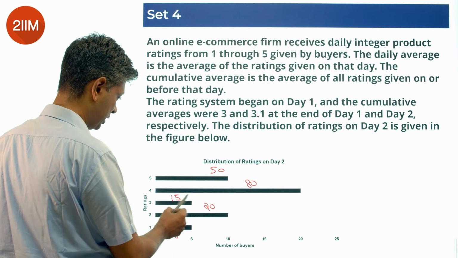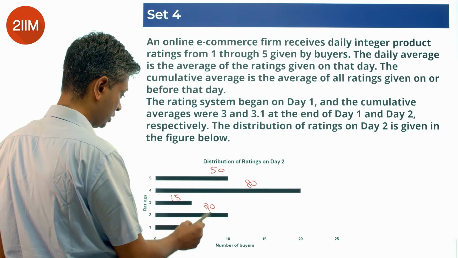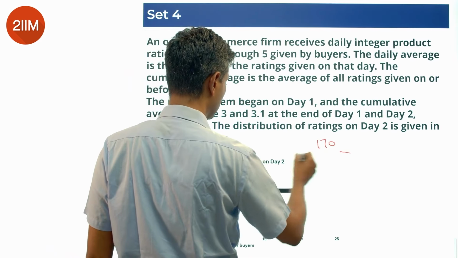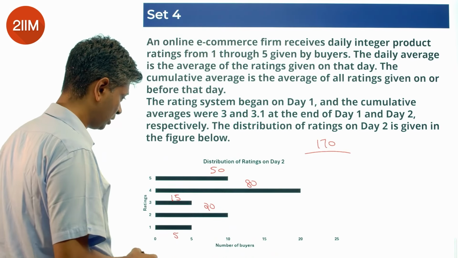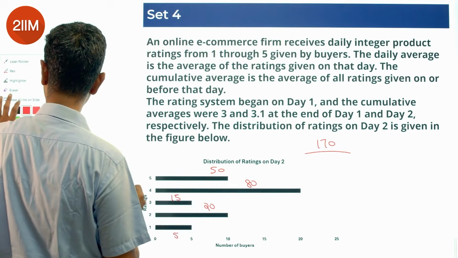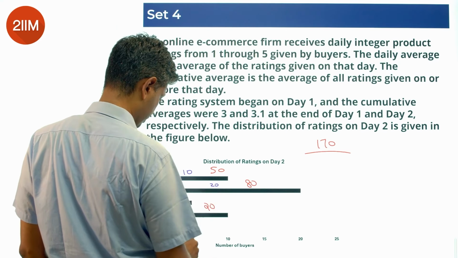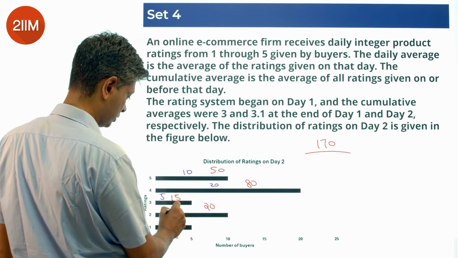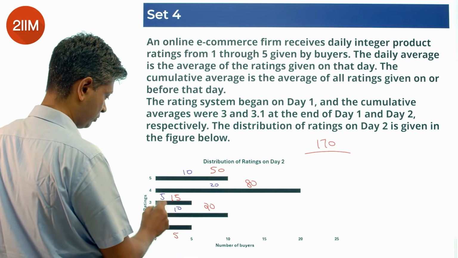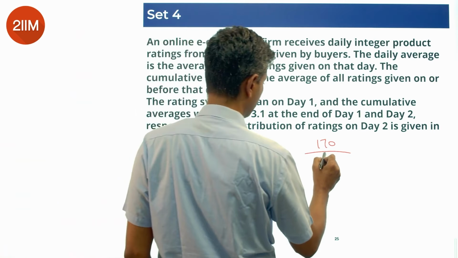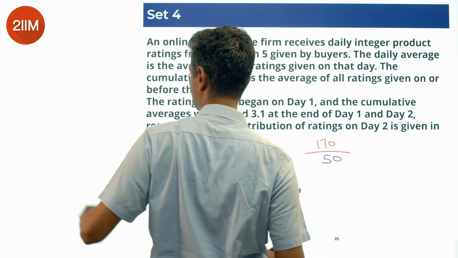5 plus 15, 20. 20 plus 20, 40. 40 plus 15, 90. 90 plus 80, 170. Divided by total number of people, number of buyers. This is 10, this is 20, this is 5, 10, this is 5. 5 plus 5, 10, 20, 30, 50, 170 by 50.